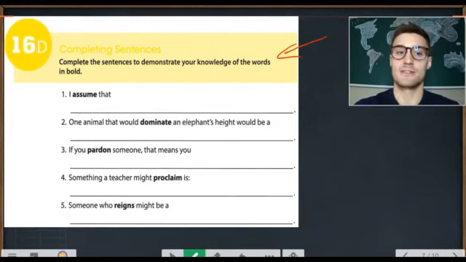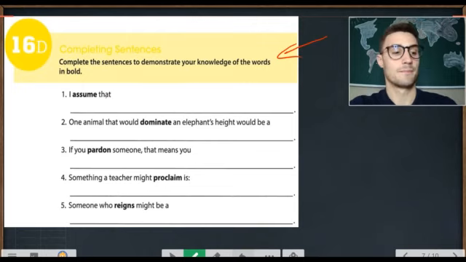These sentences are different. Because we complete the sentence, see, there are no full stops. So we will start our sentence, the one we write, with a lowercase letter, because it's just the continuation of the sentence. But we will end it with a full stop though. The first one is, I assume that.